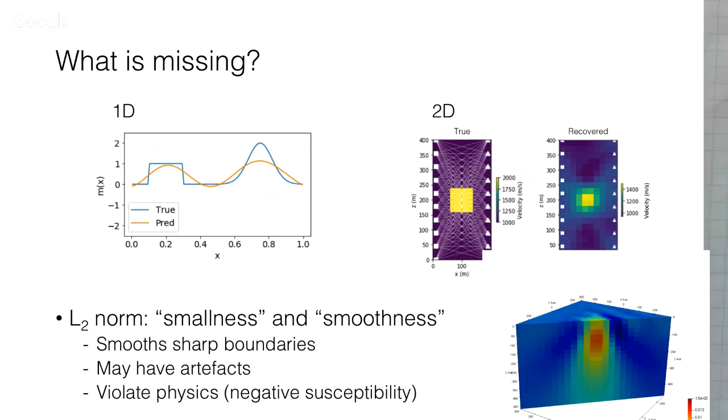It can have artifacts. We saw that there were negative values coming, and you can consider this negative value here as a bit of an artifact. And it can sometimes violate the physics, like negative susceptibility. So L2 is good, but it's not perfect. What can we do there?